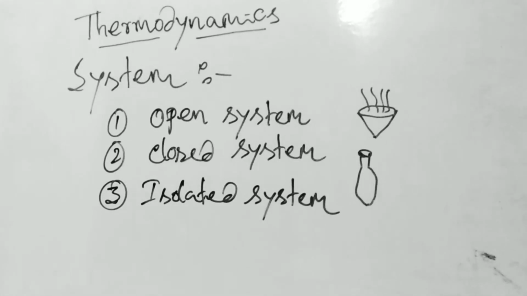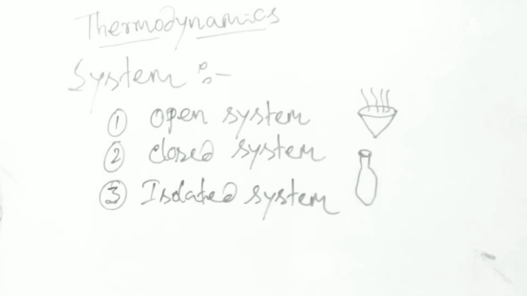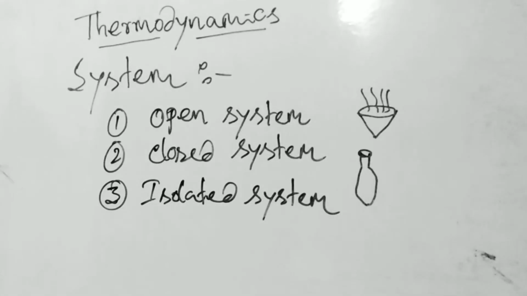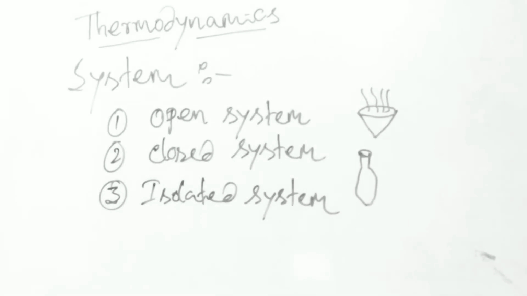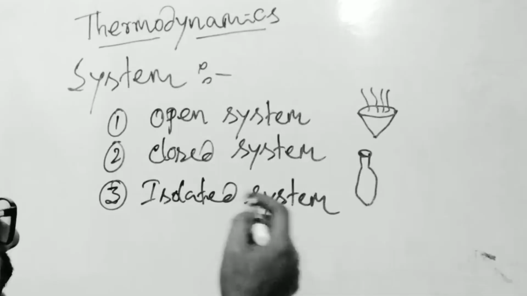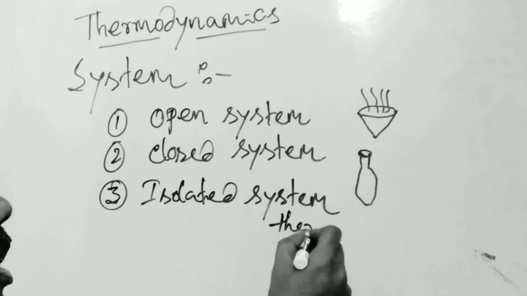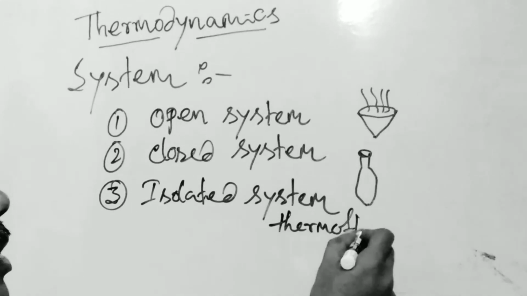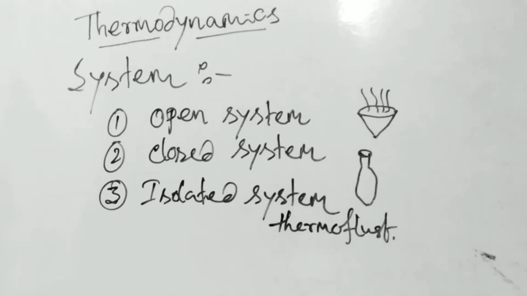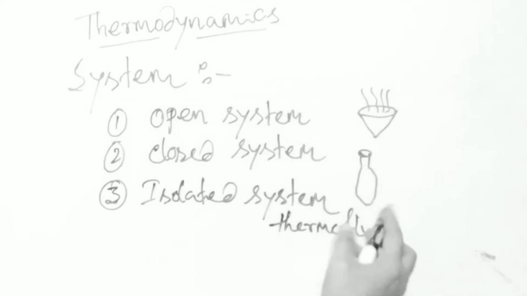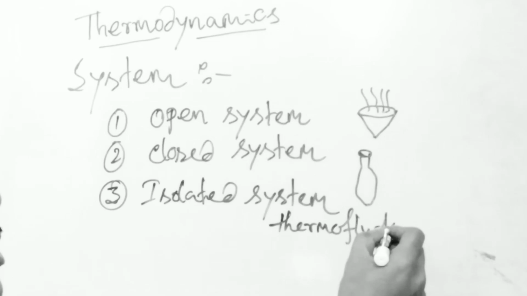Therefore in an open system both mass and energy can be exchanged with the surroundings. In a closed system, not mass but energy can be exchanged. And in an isolated system, the example is a thermoflask, where neither the mass nor the energy can be exchanged with the surroundings. Okay, so these are the systems.